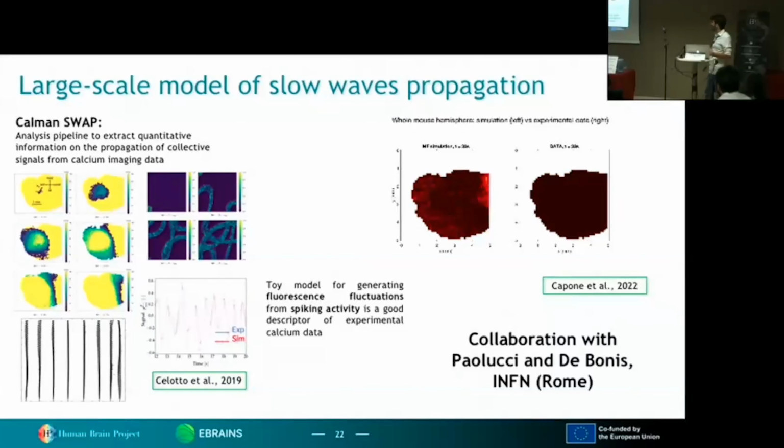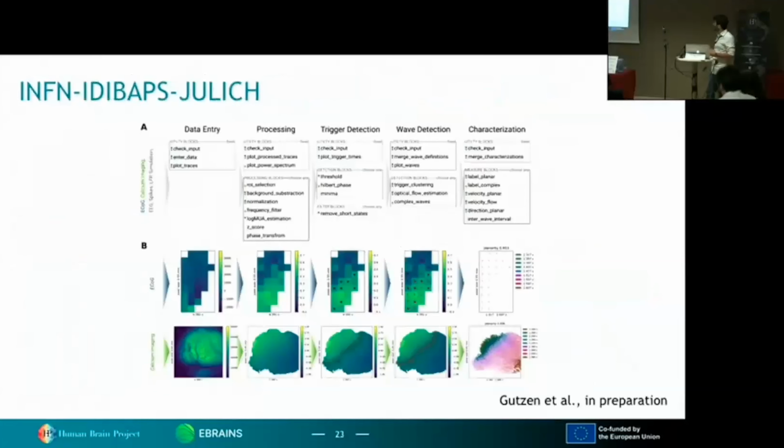Here I reported the collaboration to develop an infrared mouse model of traveling waves. And with EBRAINS and other partners, we developed a universal pipeline that allows comparing and analyzing very different datasets, as in this example, the ECoG dataset and the calcium imaging from our lab.